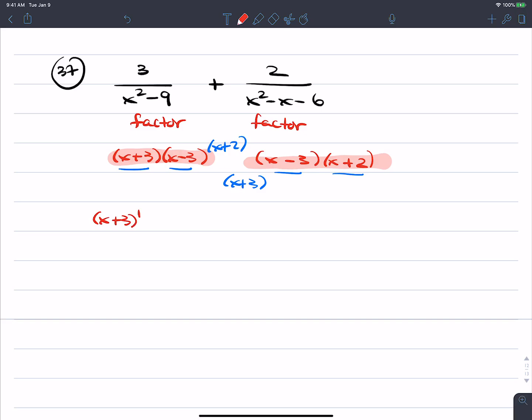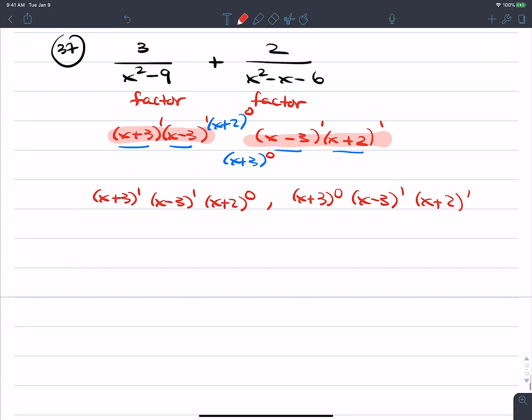X plus 3 to the first power, x minus 3 to the first power, x plus 2 to the 0 power, since this is not there. For the second term, we have the x plus 3 not there, so we'll put that to the 0 power. X minus 3 to the first, x plus 2 to the first. We're looking at these powers here, so that when we find the LCM, all we do is compare to find which power is the largest.